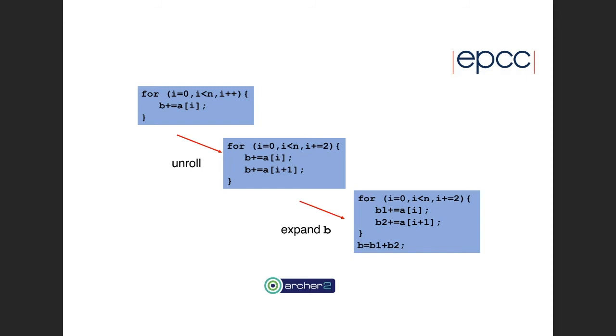It can use two different accumulators for the two different statements to compute partial sums and then add them up at the end. Again, that can potentially change your floating point rounding behavior because you're doing sums in a different order. You might care about that. Depending on the compiler, you may need to turn on a sufficient level of optimization for the compiler to be okay with that kind of thing.